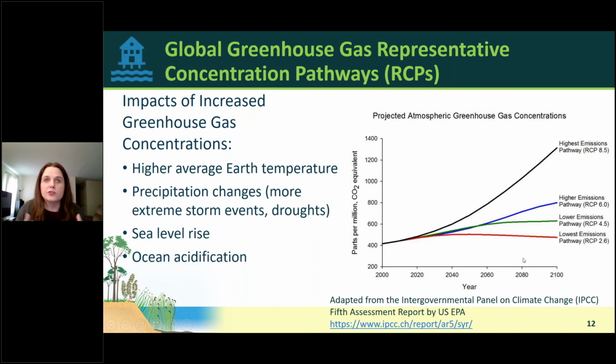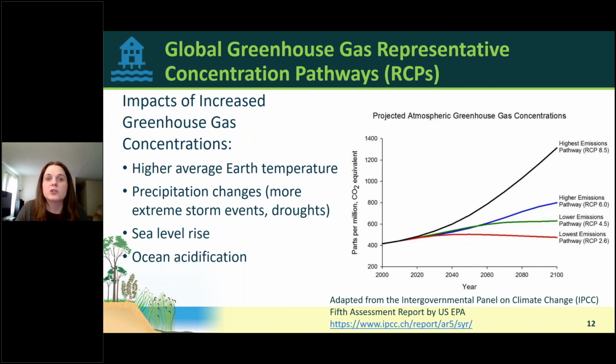But because we do still have increasing greenhouse gas concentrations, and we do have these higher emission scenarios occurring now, while we still have to make efforts to mitigate our emissions, we are also going to have to think about adaptation, because climate change is occurring now.